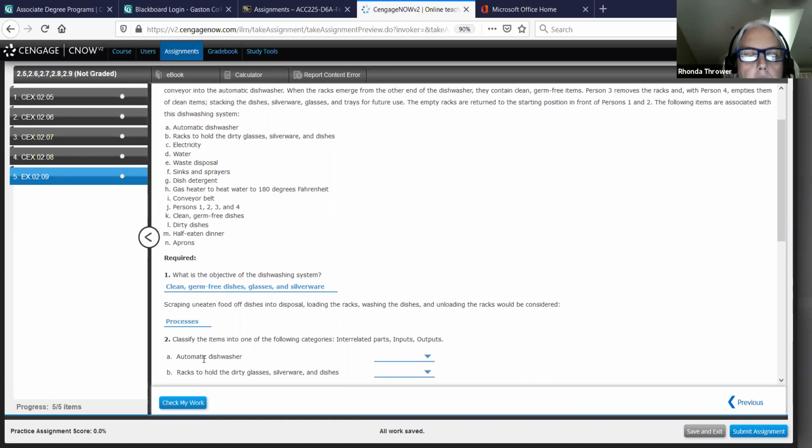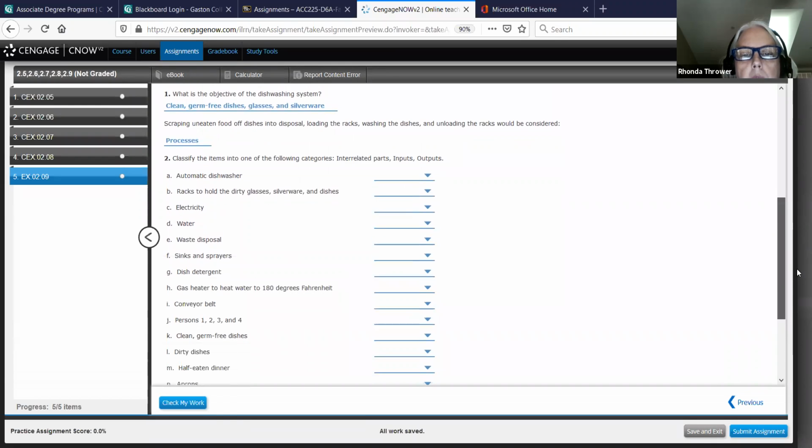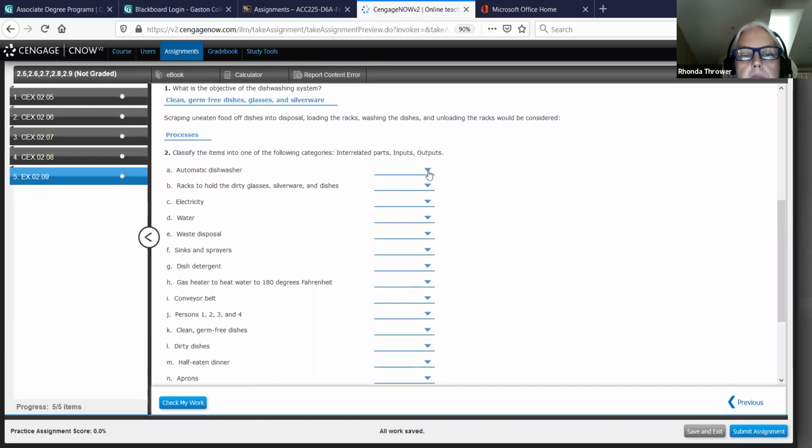In part 2, they want you to classify the items into one of the following categories. You need to be able to tell if it's an interrelated part, if it's an input, or it's an output. So we're going to start with A, which was the automatic dishwasher. And they've given you a list to choose from.